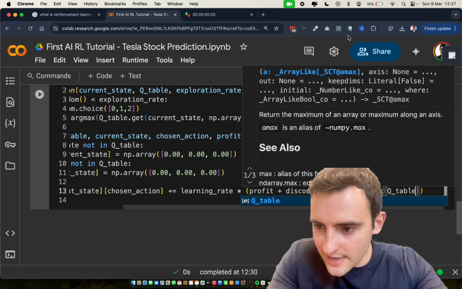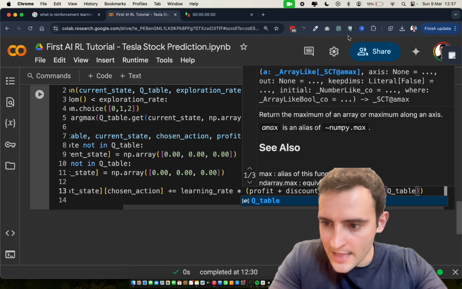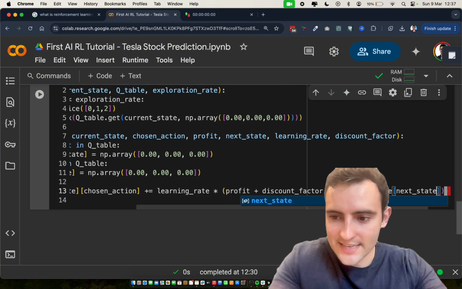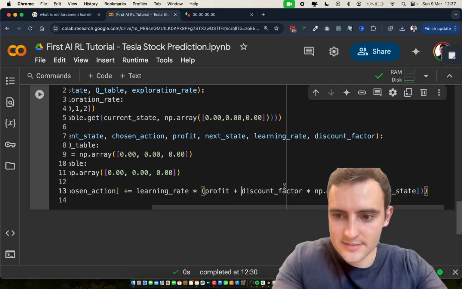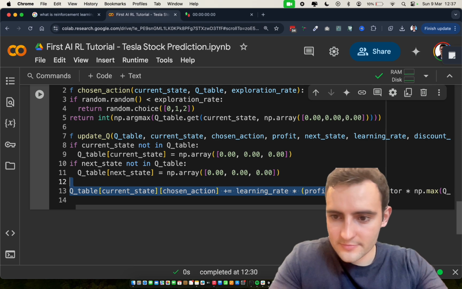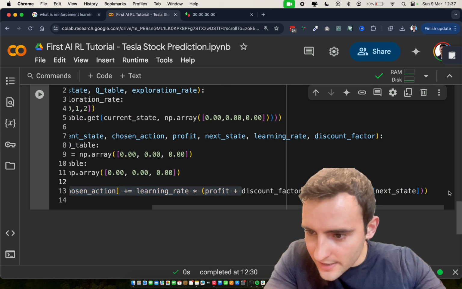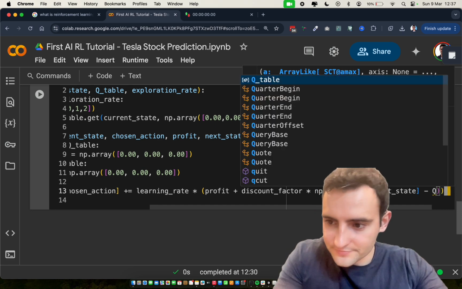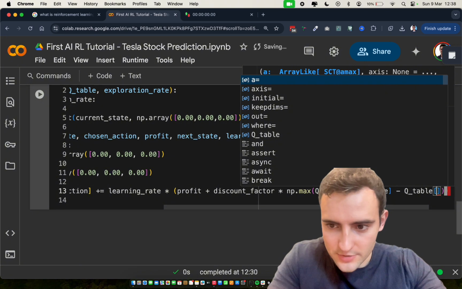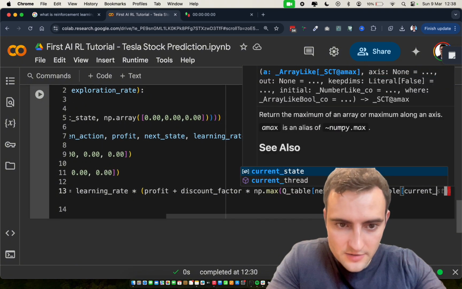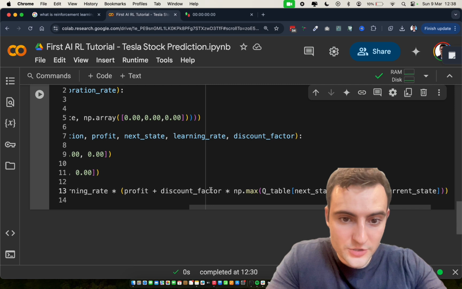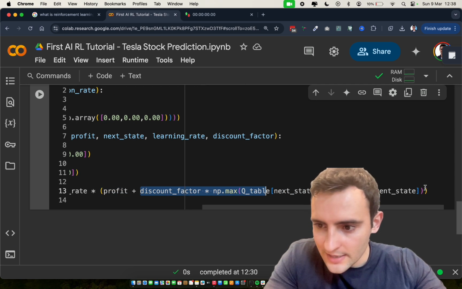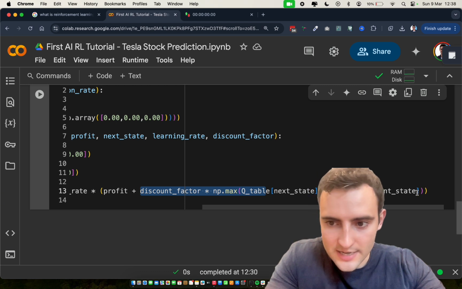So we do Q table, and then we do next state, which is the state after, right? So we're discounting given the next state. And let me just go there, minus the Q table current state. So here we just see the difference of the profit now versus the profit later, and given the chosen action.